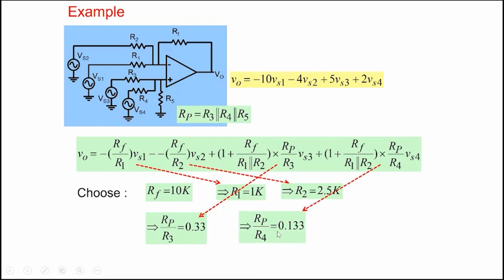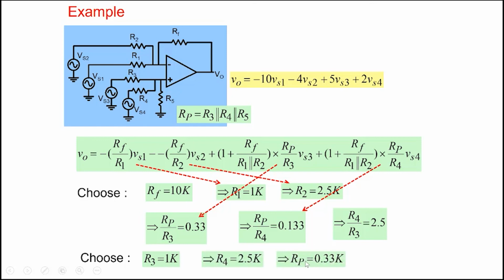And we get RP by R4 is 0.133. And therefore, from these two, we can get R4 by R3 is 2.5. We can choose R3, a convenient value, let's say 1K. So that gives us R4 equal to 2.5K. Then that gives us RP equal to 0.33K here. And then that gives us R5 of 0.625K. Okay, so let's stop here.